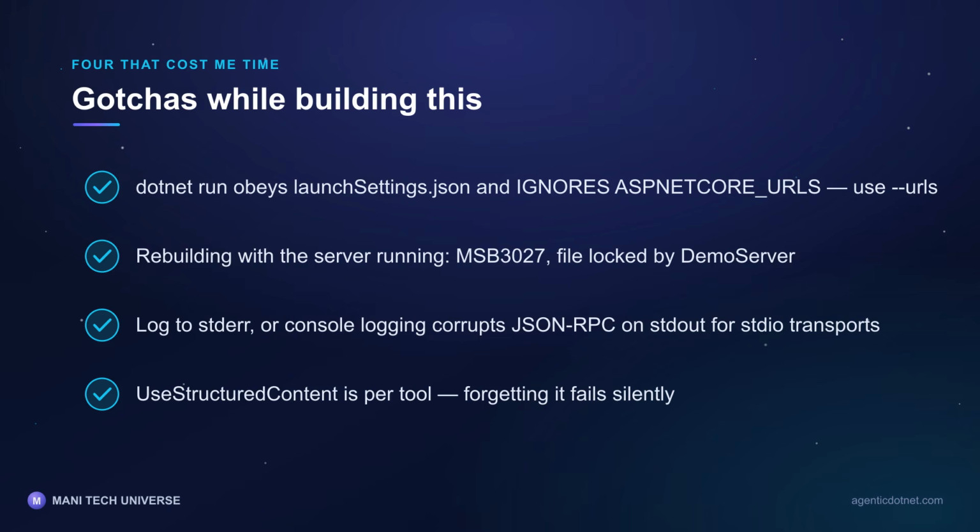Stop it first. 3. If you use a stdio transport, send your logs to standard error, because console logging on standard output will corrupt the JSON-RPC stream and the failure looks like nothing at all. And 4. The one I already mentioned, UseStructuredContent is per tool, and forgetting it fails silently.